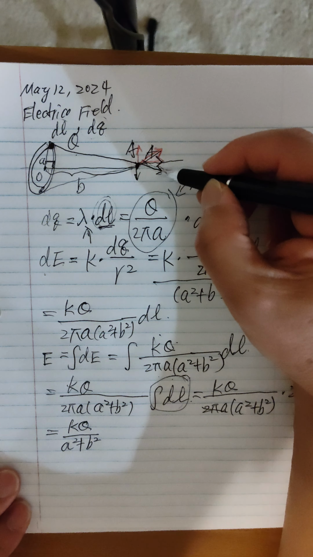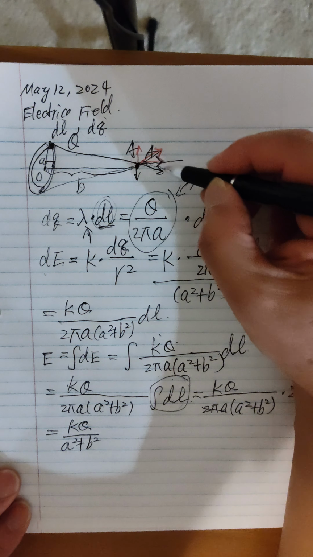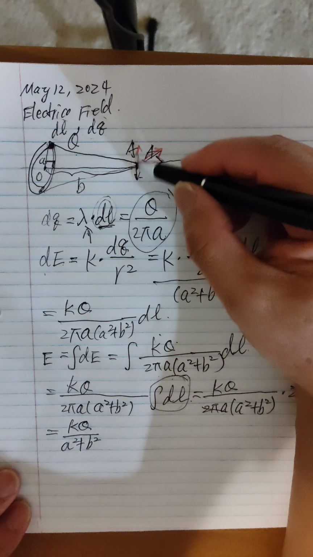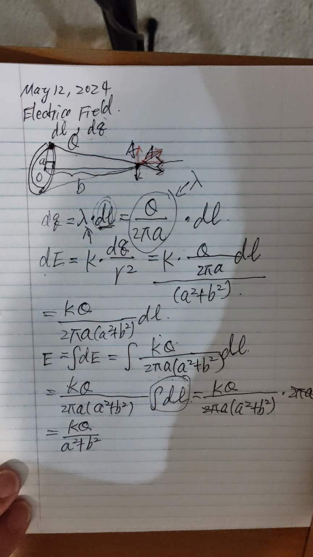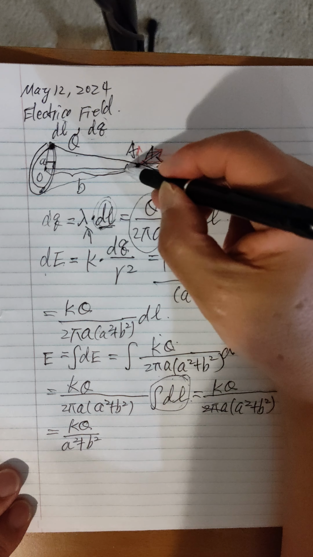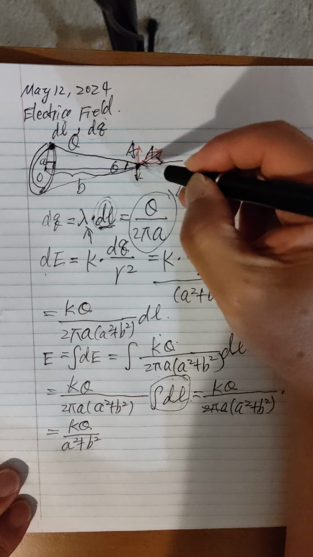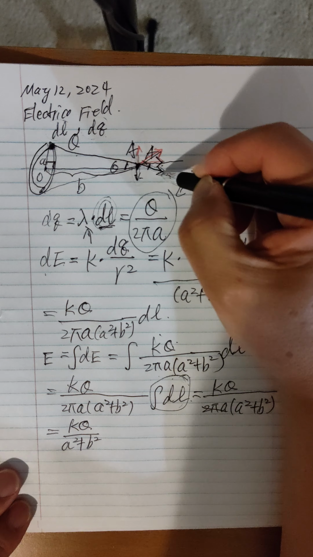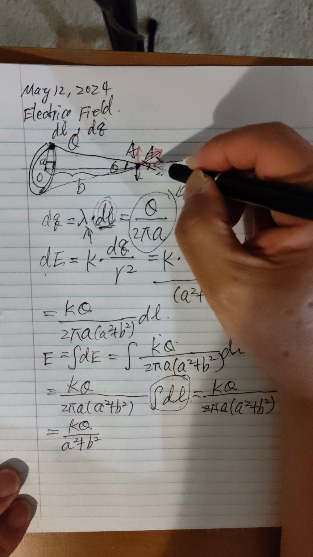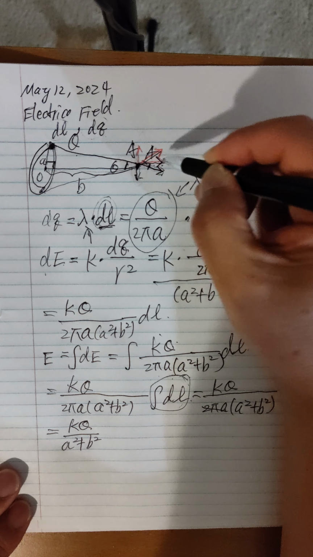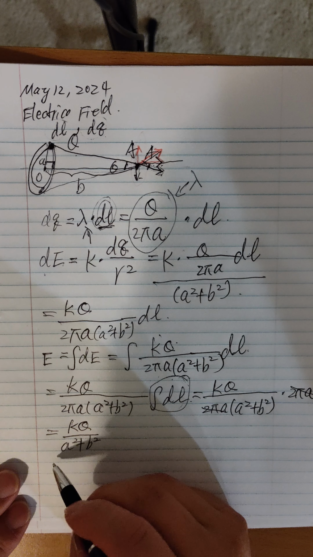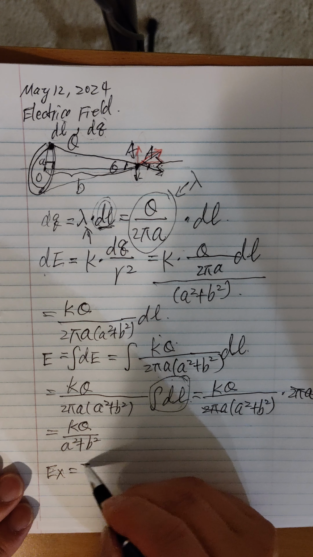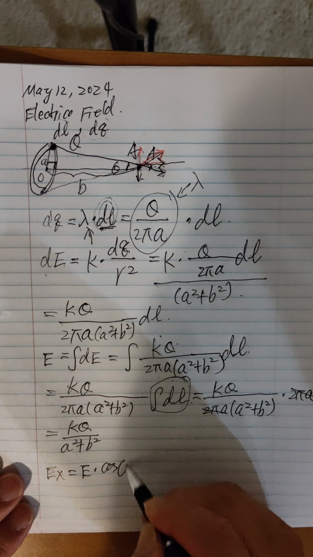But we need to decompose this into the x direction and y direction. In the y direction, everything cancels off, so we need to use the x direction. For the x direction, we need an angle theta, because that angle is equal to that angle. Then whatever E we get, times cosine theta, gives the x component. So the Ex in the x direction will be E times cosine theta.